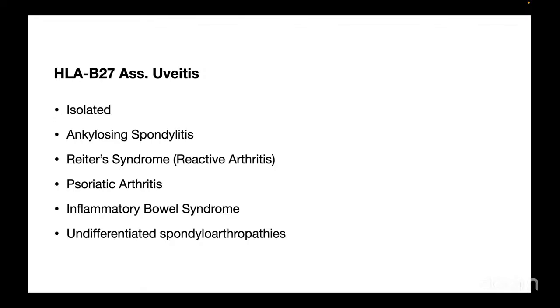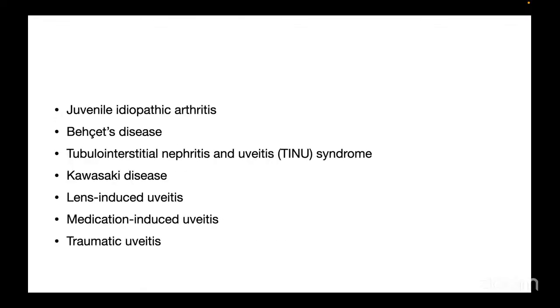Not only back pain or inflammatory joint pain is associated with HLA-B27, but also reactive arthritis, psoriatic arthritis, inflammatory bowel disease, and undifferentiated spondyloarthropathies, where you can't fit the patient into any of the above. So always remember, not only inflammatory joint pain is associated with HLA-B27, but these other things too.